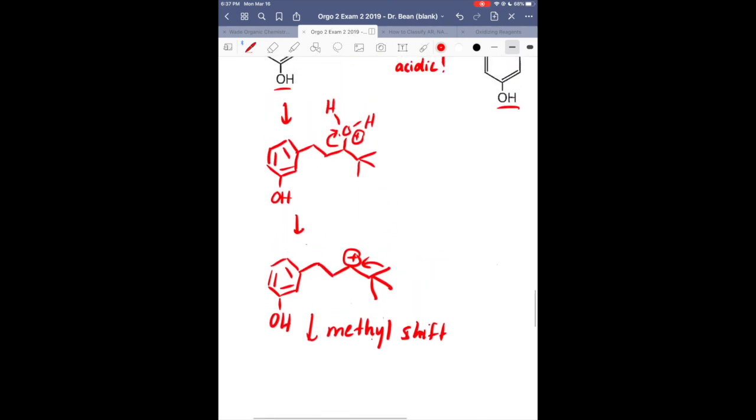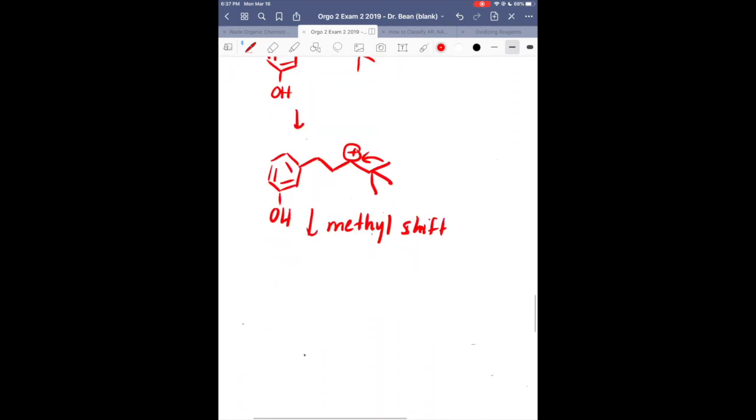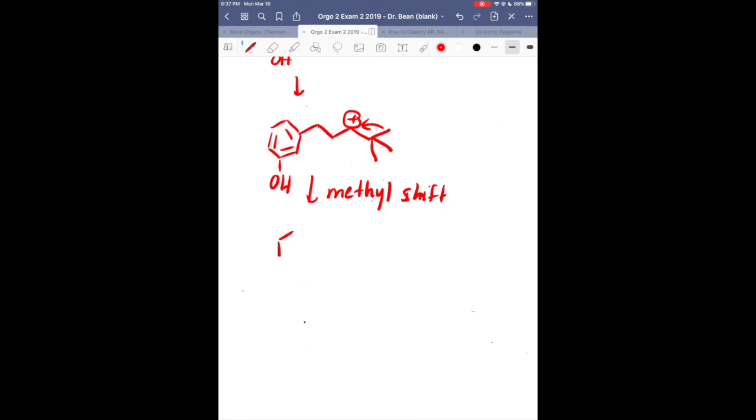Okay, so that's going to move. Oop, and I don't forget your OH like I did. So let me make sure I have that. Yep. Okay, so then we got that. And draw everything else consistent. This one now is going to have that methyl group, and which carbon is going to have the positive charge?